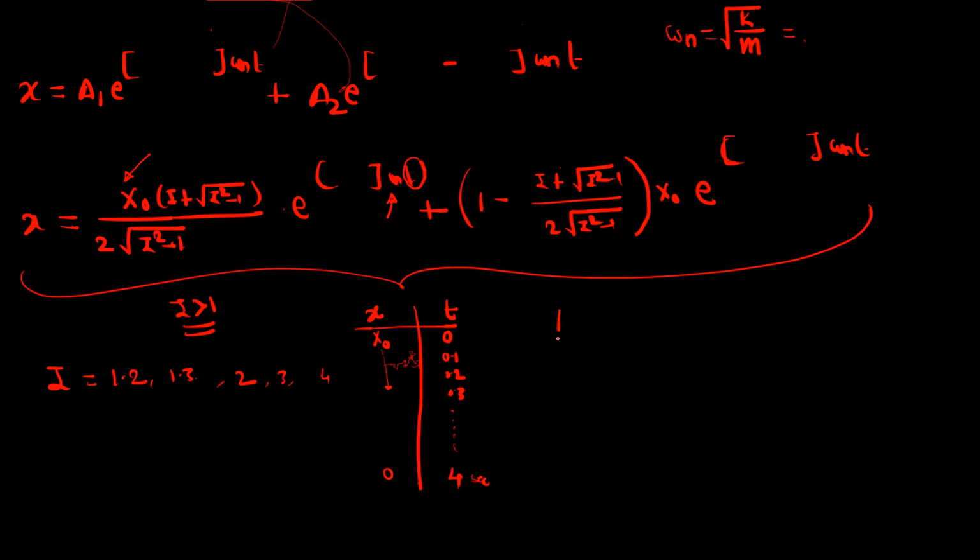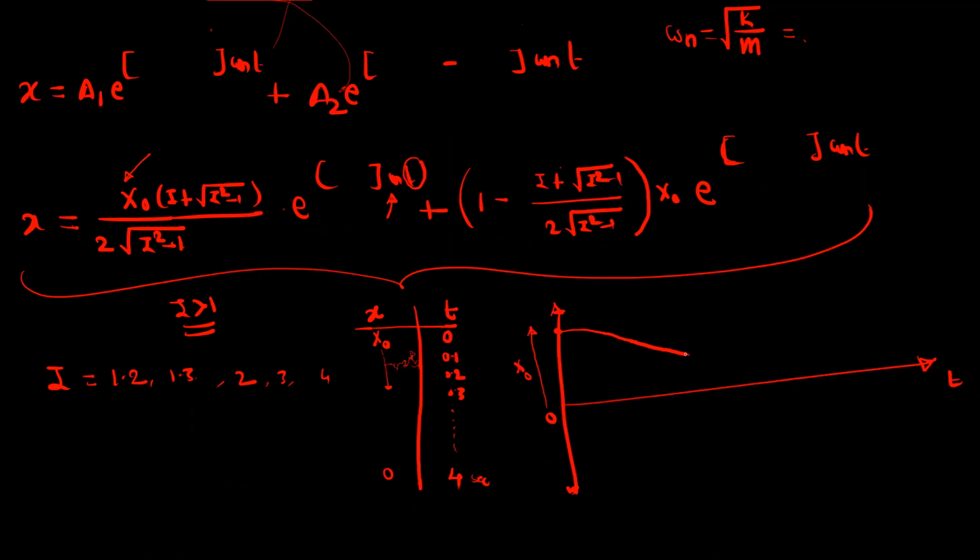Okay, so on the graph paper, you can observe this waveform. Initially we have given some displacement. This is x0 when time t is 0. So this is the time axis, and after this, you will get the waveform like this.